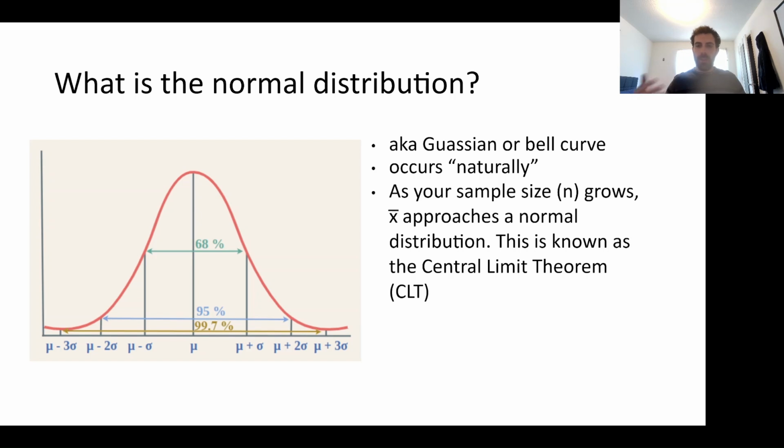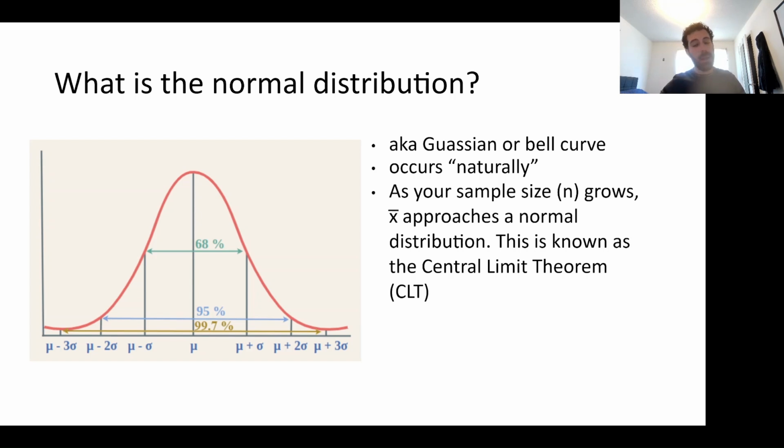And a lot of other things in nature are assumed to be normal. The reason there's so much focus on the normal distribution, though, is because the sample mean is assumed to be normal regardless of whether or not the initial data was normal. I'll talk a little bit more about what I mean about that.